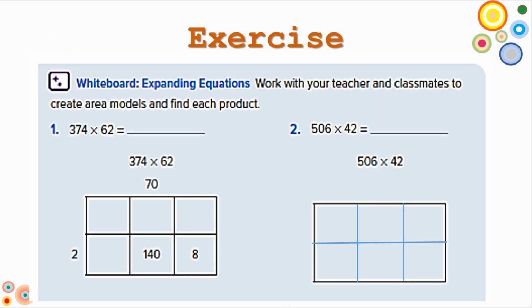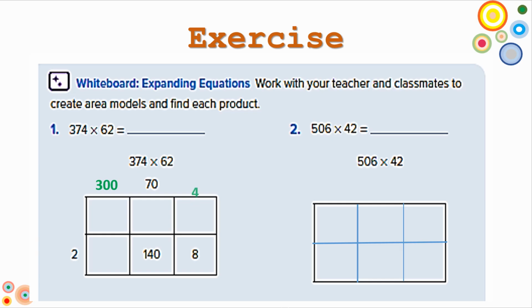Work with your teacher and your classmates to create area models and find each product. The first question that we have, 374 by 62. As we know, we have to decompose 374. If we decompose it, it will be 370 and 4.